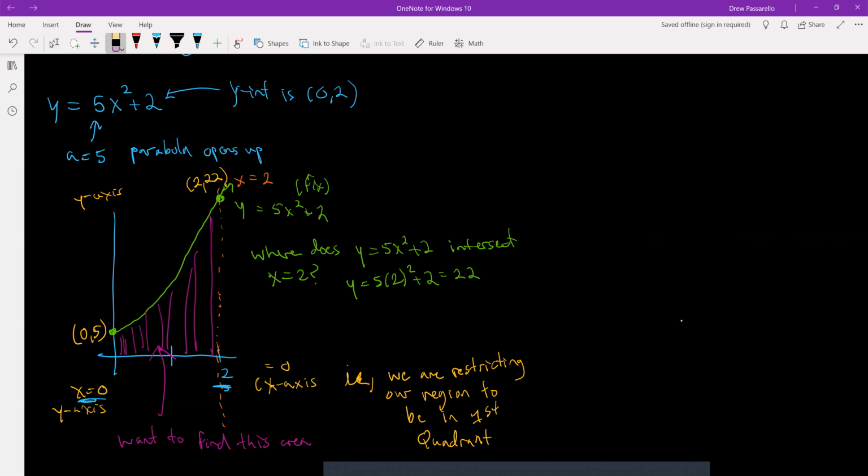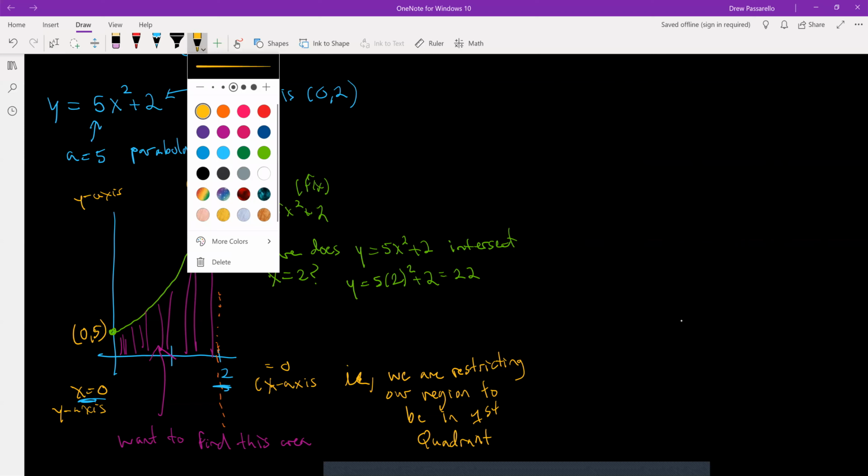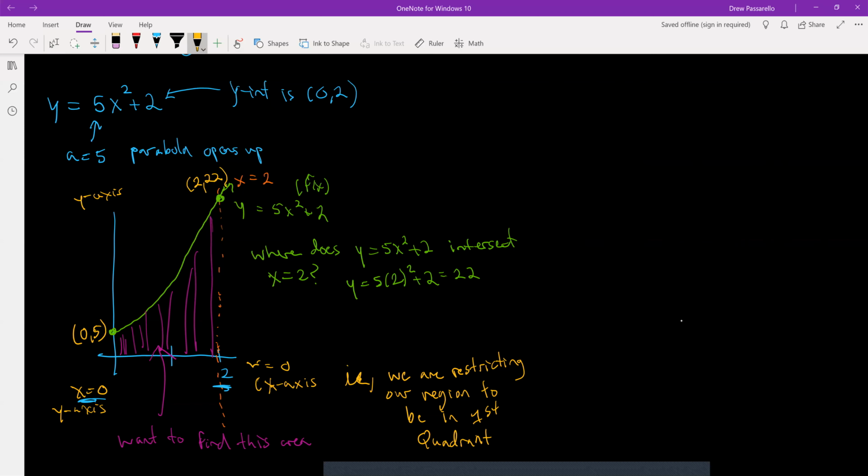This is terribly written. It's supposed to be y equals 0. X equals 0 is the y-axis, y equals 0 is the x-axis. That puts us in the first quadrant, and we're dealing with a parabola shape because of the x squared in the quadratic function, and we're restricting ourselves between 0 and 2.